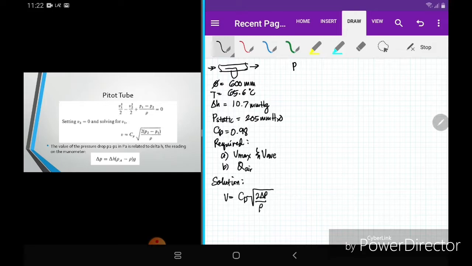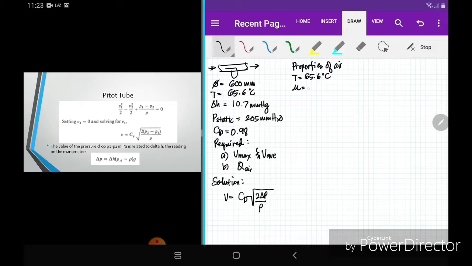So, properties of air. We're given the temperature, which is equivalent to 65.6 degrees Celsius. Using this temperature, we can get the viscosity. We may use the Perry's Chemical Engineering Handbook, or the appendix of Geankoplis or McCabe.